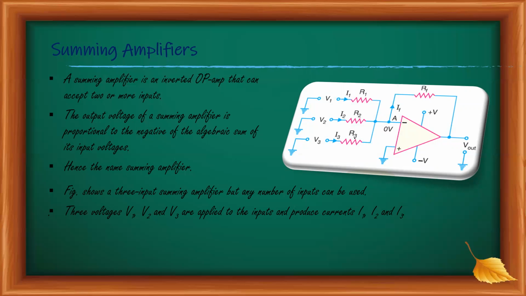That is, we apply the input voltages V1, V2, V3, so the currents flowing through the corresponding resistors are denoted as I1, I2 and I3.